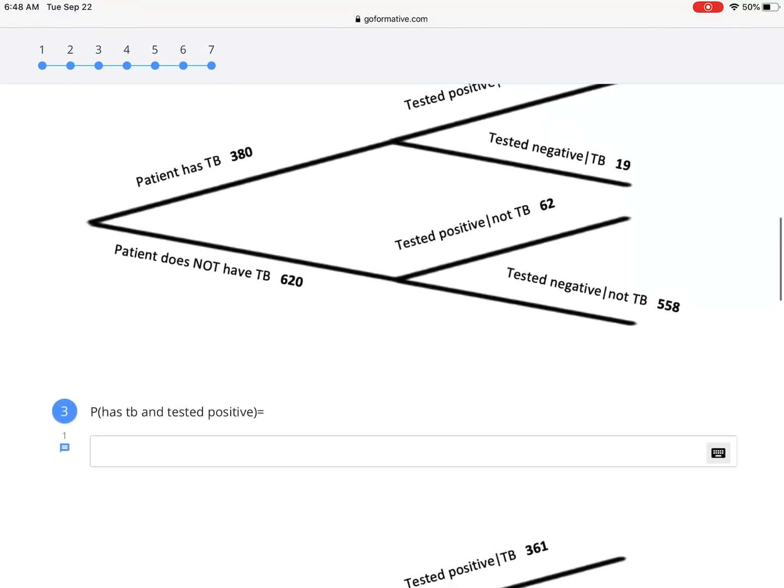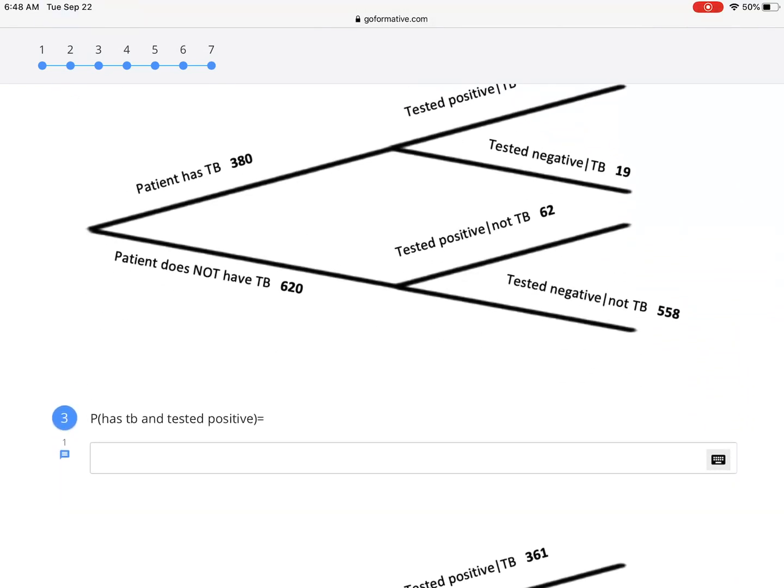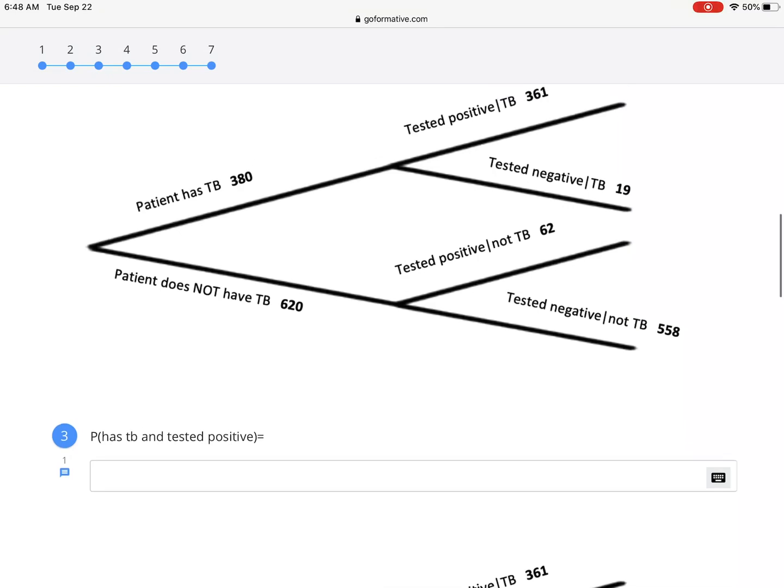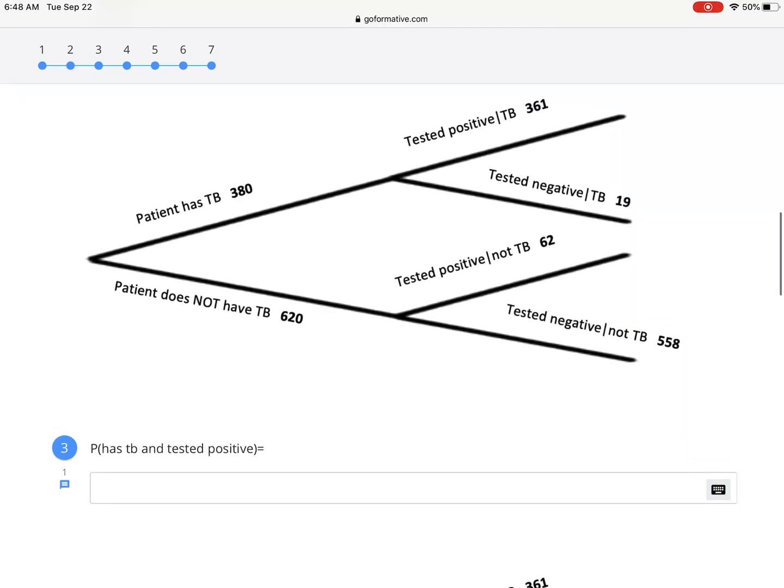Number 3. What's the probability that someone has TB and tested positive? Okay, so this is where you have to kind of follow the flow of the chart, okay? And I can't really write on this one, so it's kind of frustrating. So just kind of listen closely. So a patient has TB and tested positive. So you'd have to follow the patient has TB part of the chart, and then the tested positive part, okay?